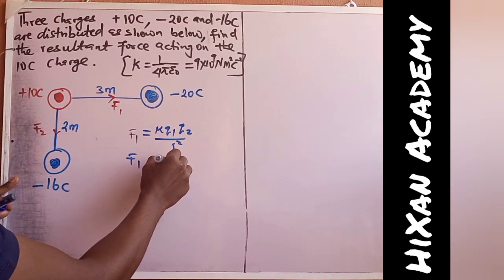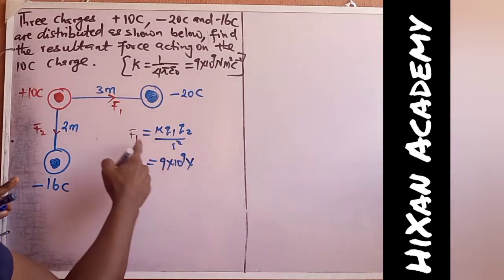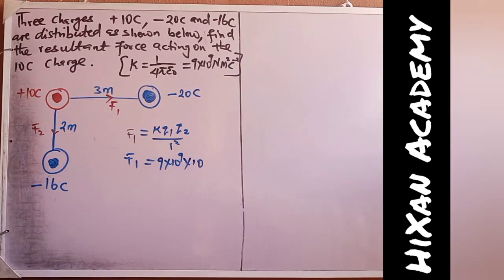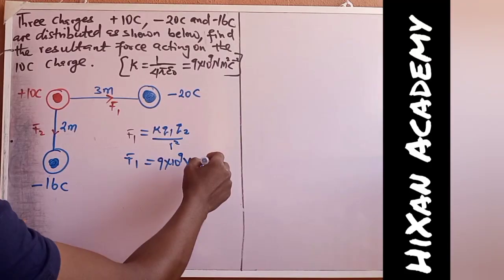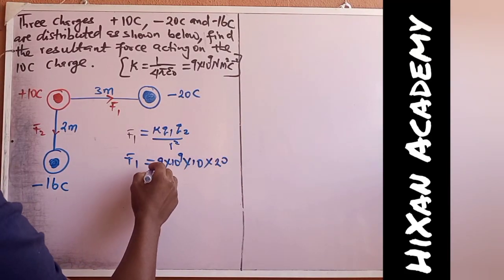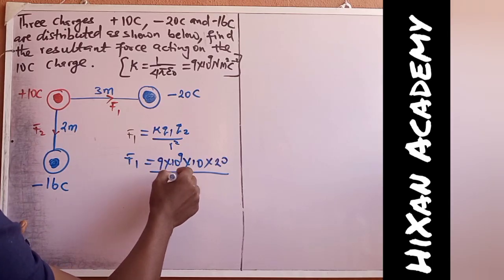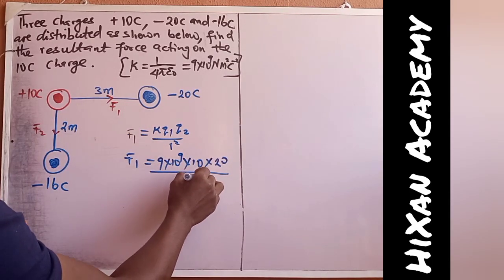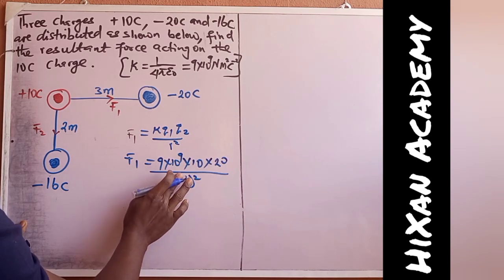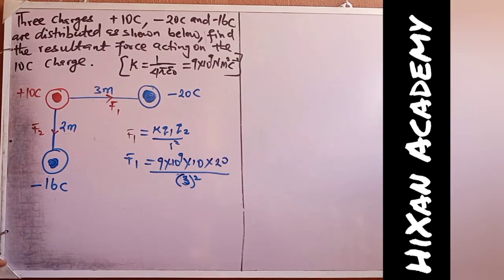So we're going to substitute 9 times 10 raised to the power 9, that's for K, this value, multiply by charge 1, that is 10, by charge 2, which is 20 Coulomb. So we're going to say times 20 Coulomb here. Everything divided by square of their distance. They are 3 meters apart. So that will be 3 squared.